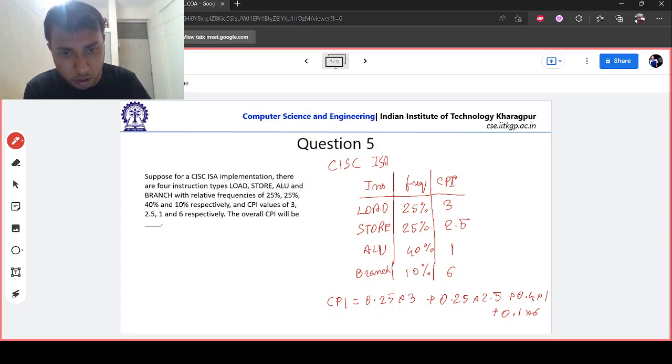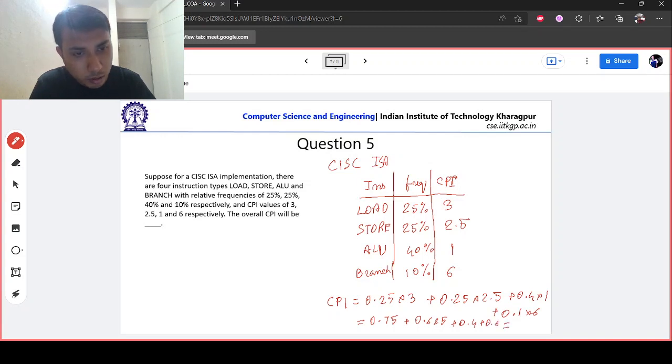If we add it up, it will be 0.75 plus 0.625 plus 0.4 plus 0.6.